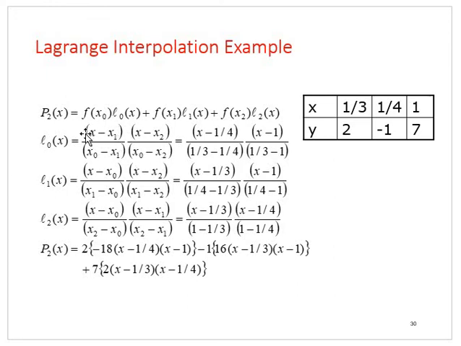Alright, so take note of something in this polynomial. Something that you should master is that this polynomial is for x0. So in the numerator, you do not have x0. It's x minus x1, x minus x2. And then in the denominator, you have x0 minus x1, x0 minus x2.